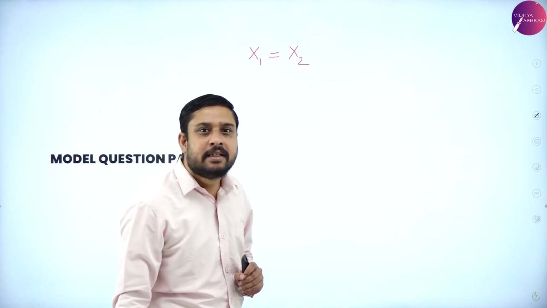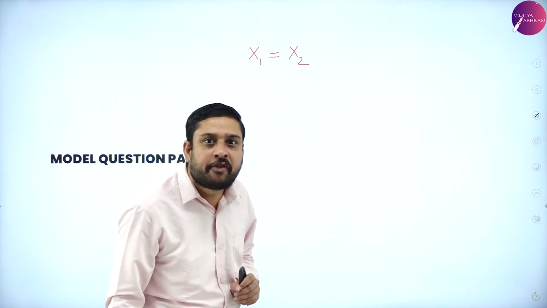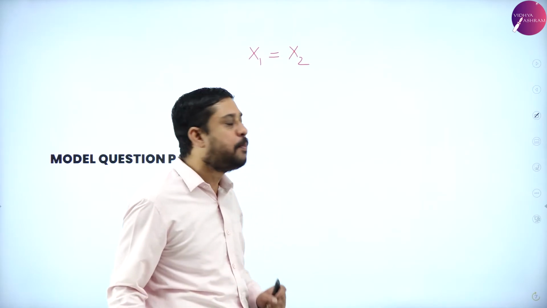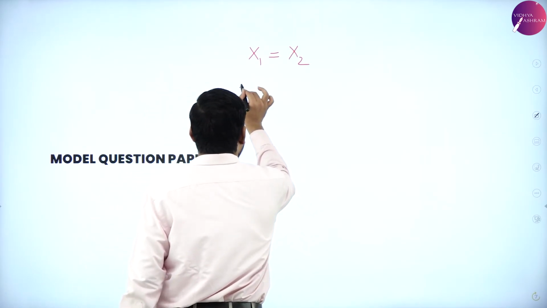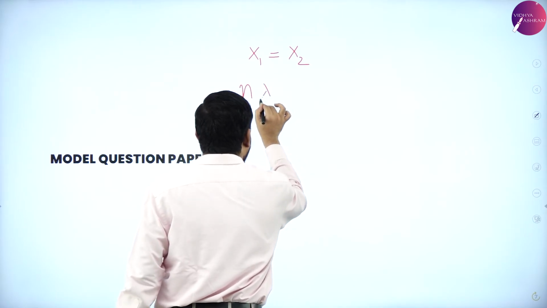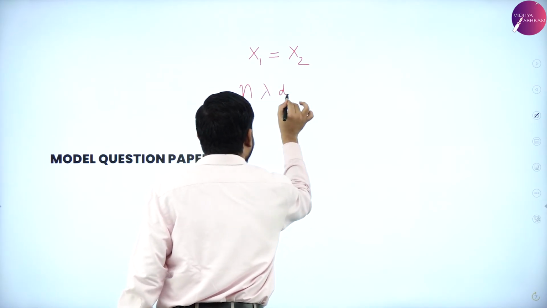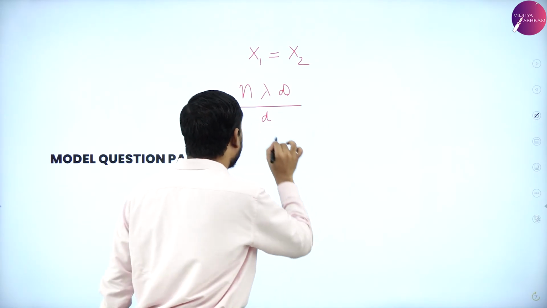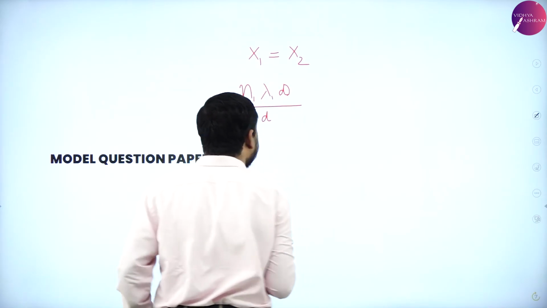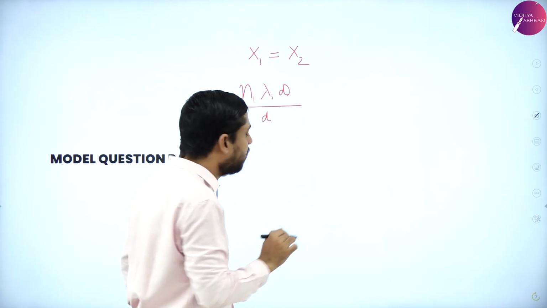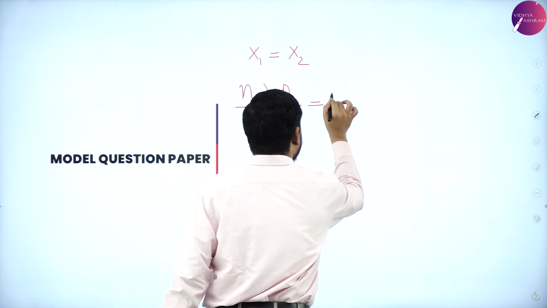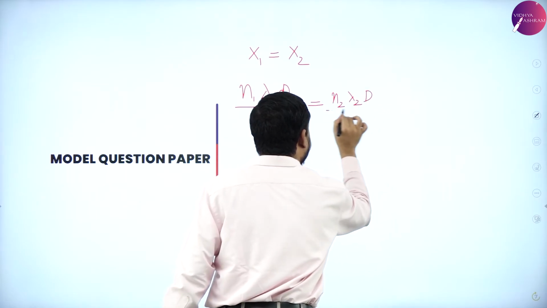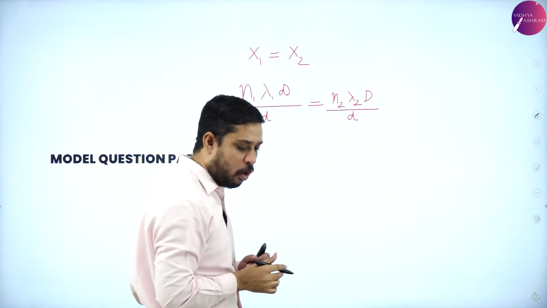Now, what is the distance of a bright fringe from the central maxima? N lambda D divided by small d. Now, this is n1 lambda 1 D by d, so this should be equal to n2 lambda 2 D divided by small d.